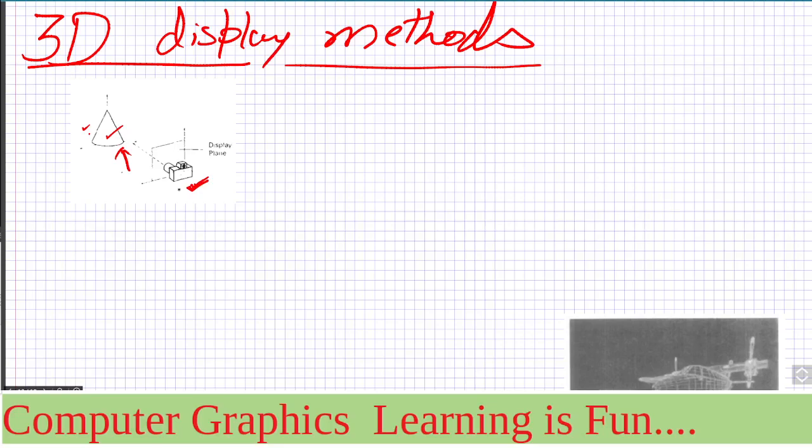Taking a reference from here, you will get a particular view of the three-dimensional scene, and that particular scene only will be displayed. Having this information, now how will you display these things?